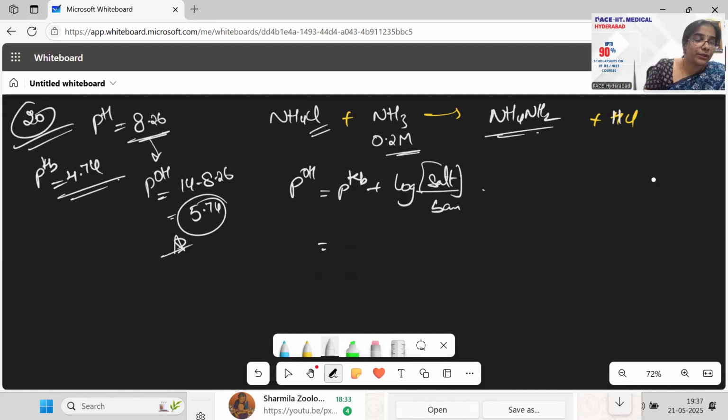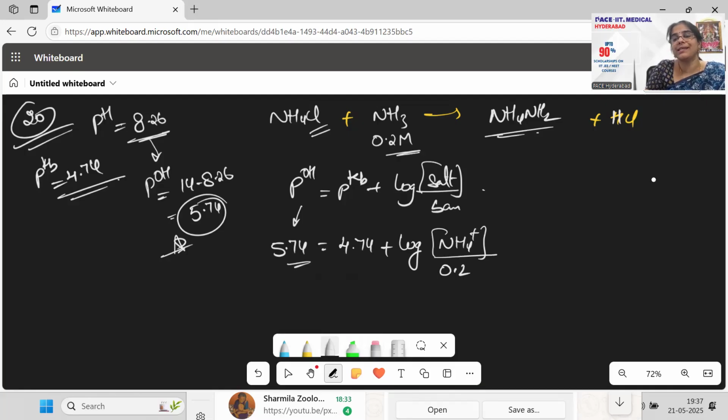So pOH is 5.74, which I brought from my pH value, and pKb value is given as 4.74 plus log of salt concentration NH4 plus concentration by base concentration, which is given to me as 0.2.